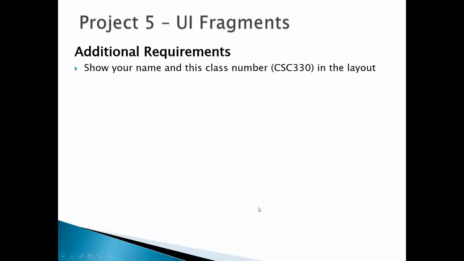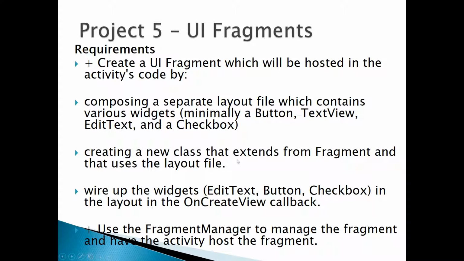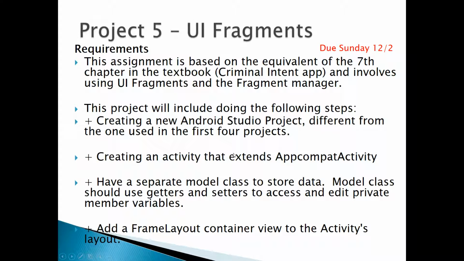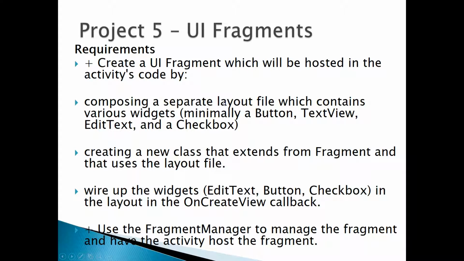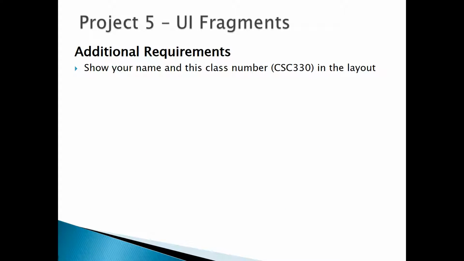And then show your name and class in the layout. Again, like all the assignments, you go through the book, look at Chapter 7, and work through it. You should be able to duplicate the same strategy to create your own UI fragment app. You need to put the time into really reading the chapter and understanding it.